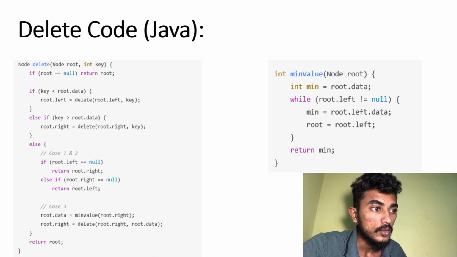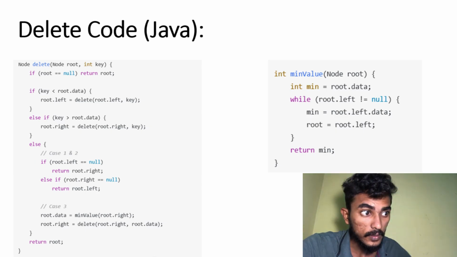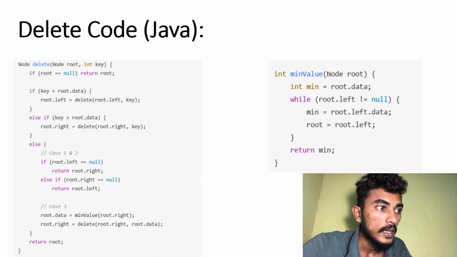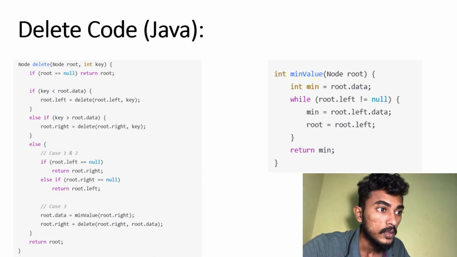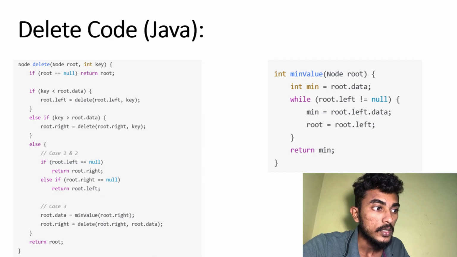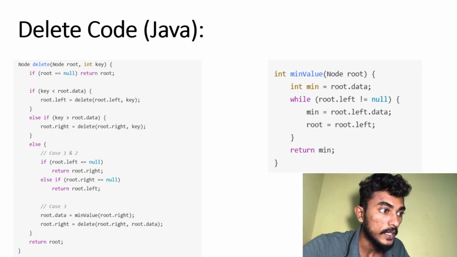We need to search whether it is on the left side or the right side. The first if condition searches the left side of the tree, else you need to search the right side of the tree. We need to search for the element to delete.